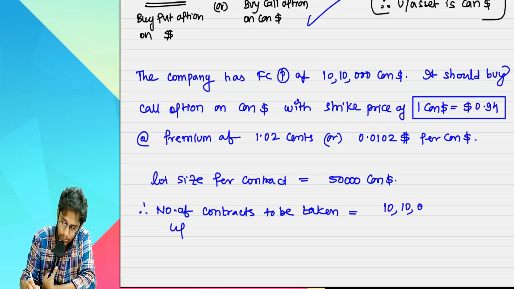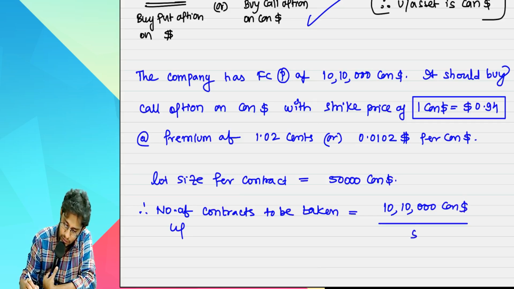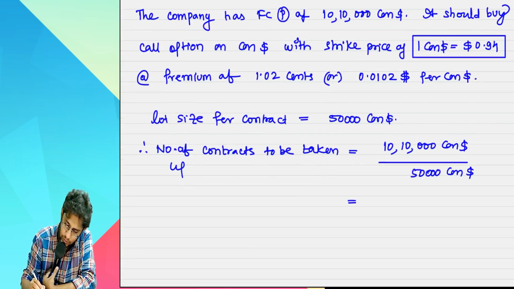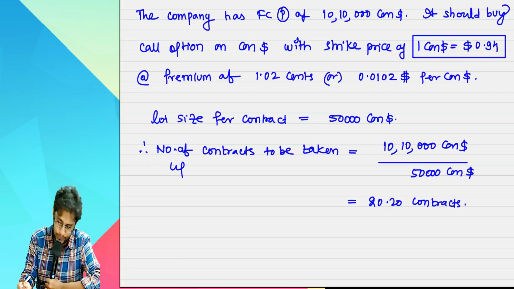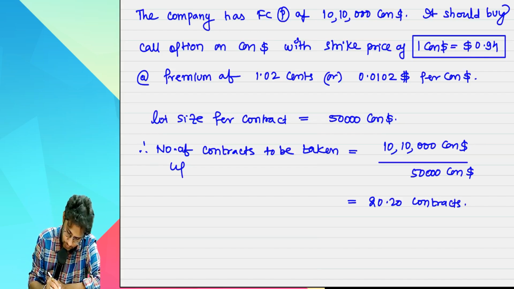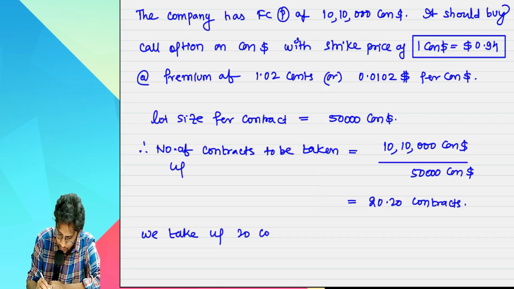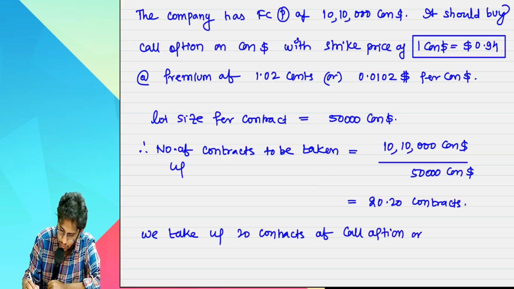So 10 lakh 10,000 CAN dollars divided by 50,000 CAN dollars will be 20.20 contracts. Next line. We take up 20 contracts of call option on CAN dollar.